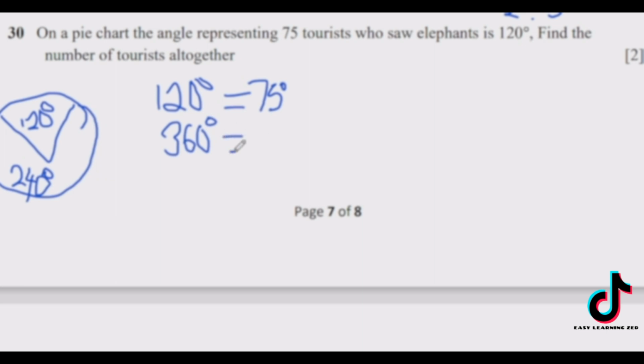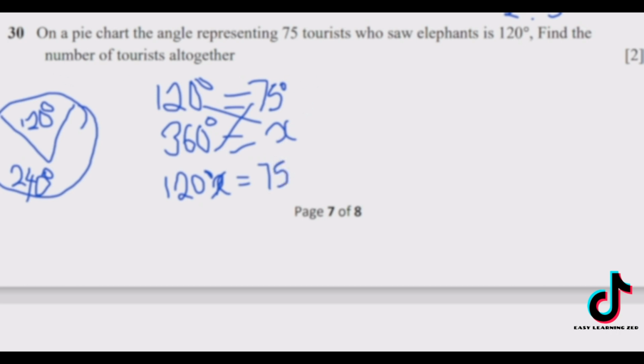What will be the number of tourists? We don't know. So what we can do is we can cross multiply. Then we come up with 120 degrees times x, which will give us 120 degrees x is equal to 75 tourists.